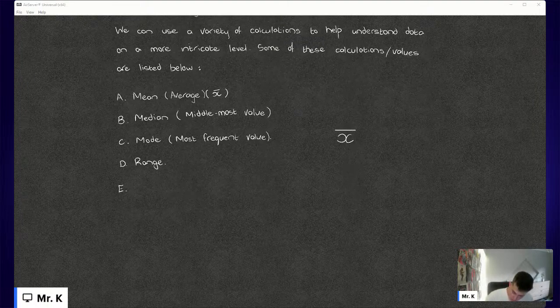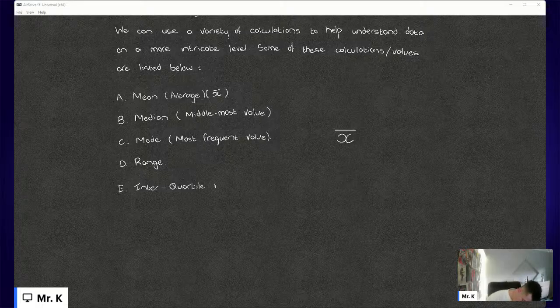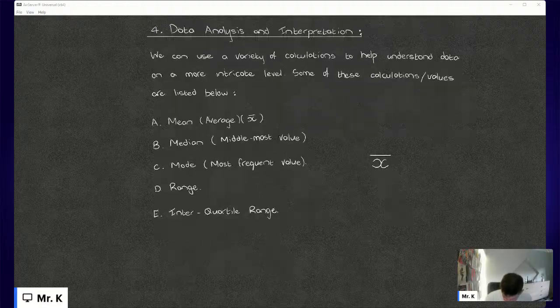E, you guys will later learn about what we call the interquartile range. Okay, again, we will go and discuss a lot of this in some more depth soon. Right, the interquartile range.